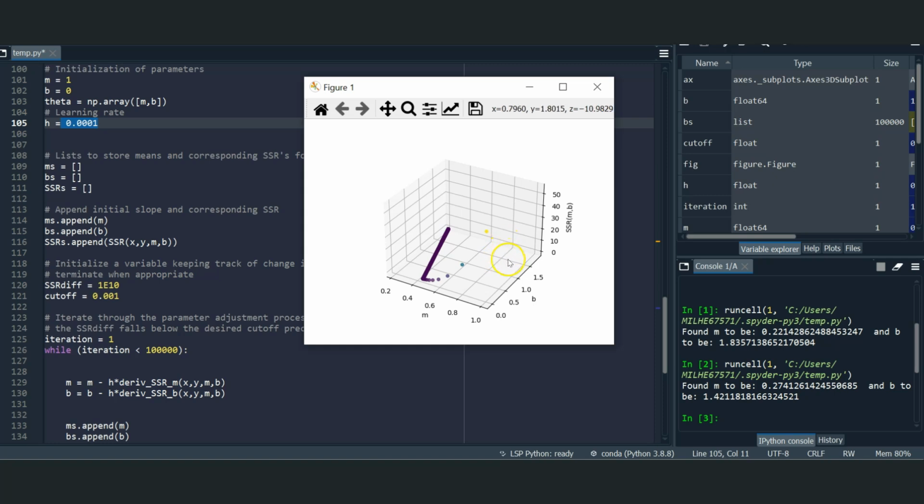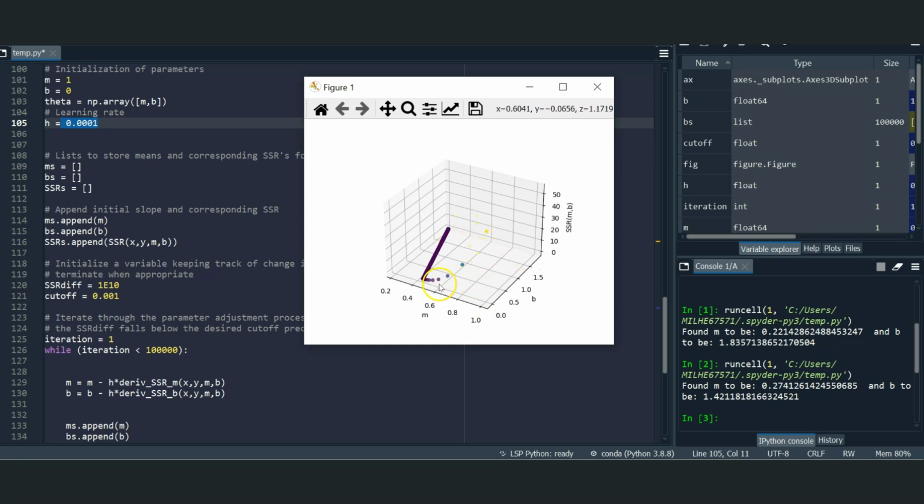So let's take a look at where we end up here. We started off by picking an m of 1 and a b of 0. That point looks to be this point here. And then we sort of descend down until we get a very small value of m and a b of 1.84, which you can see is over here.